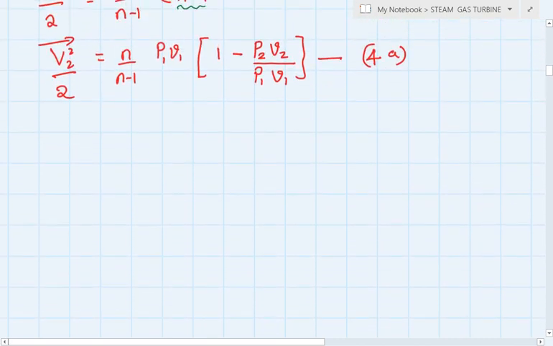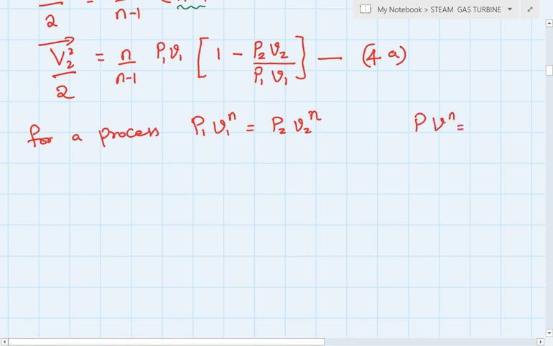Now let us use the polytropic equation, the governing equation for your process. P1 V1 to the power of n equals P2 V2 to the power of n, so PV to the power of n is equal to constant.